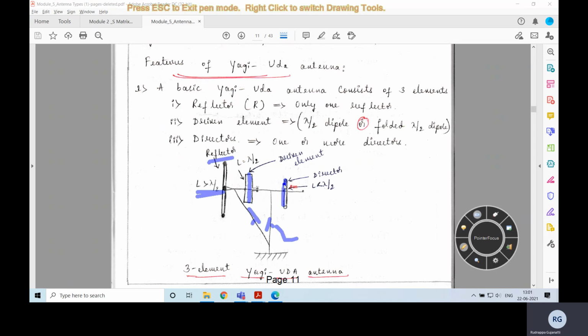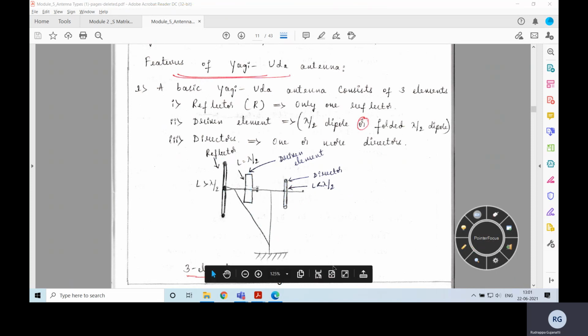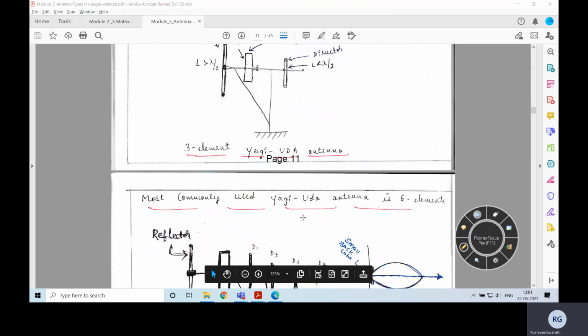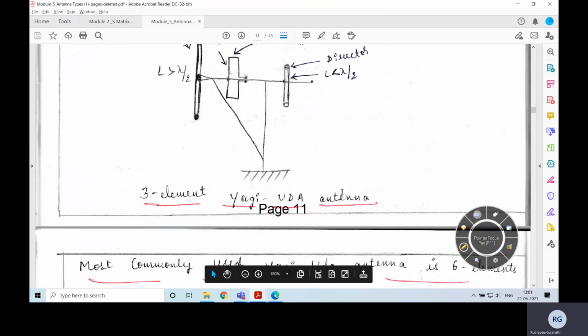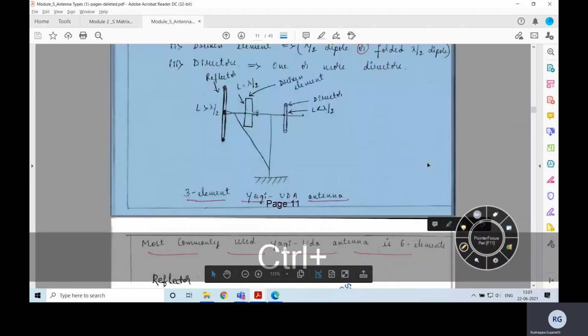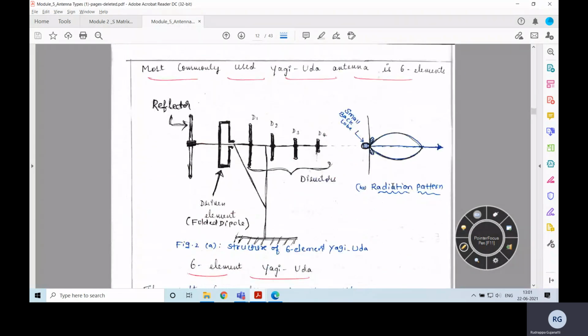And the length of the director will be lesser than lambda by 2, lesser than the length of the driven element. So this is how the lengths of the reflector, driven element, and director are related to each other. Since there are only three elements in this, we term it a three element Yagi Uda antenna.